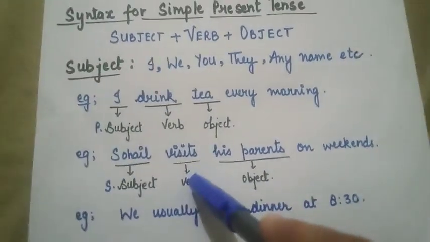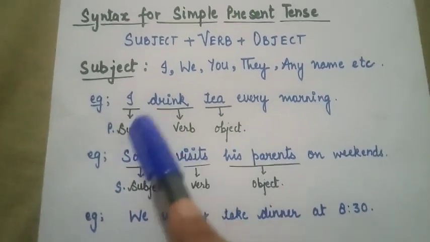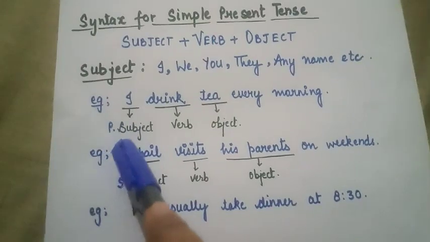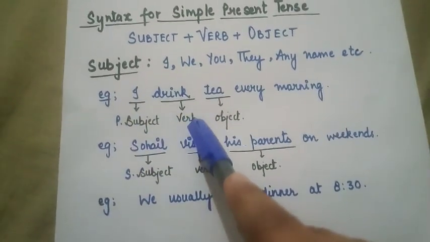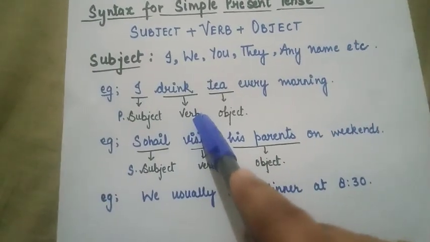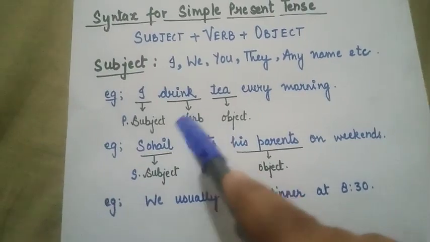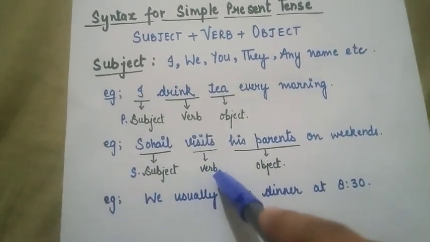Okay, now just see, let me clear this for you, why we are using this. This is the plural subject, this I is considered as the plural subject, right? So according to the plural subject we will not use s or es with the verb, right? With the plural subject we will use the singular verb, and with the singular subject we will use the plural verb, right?